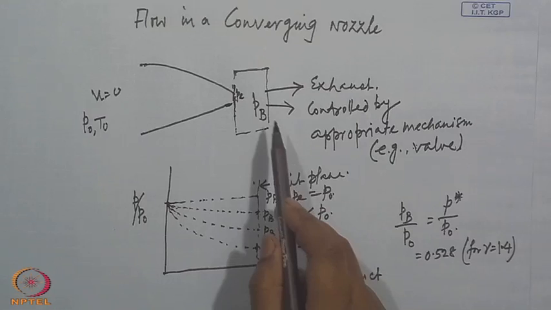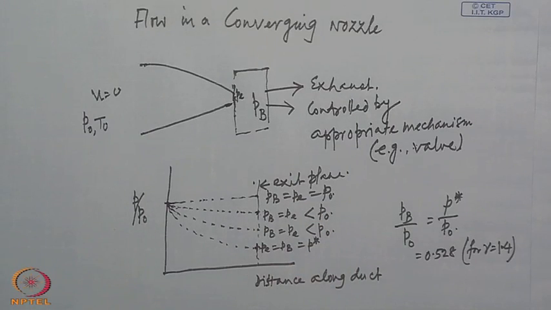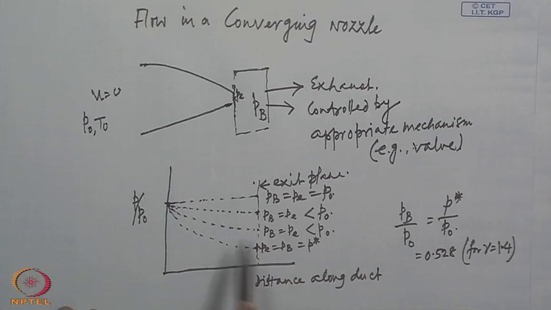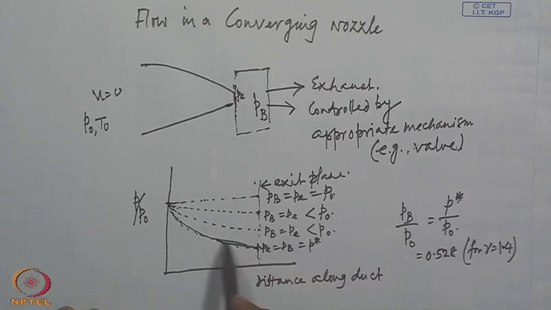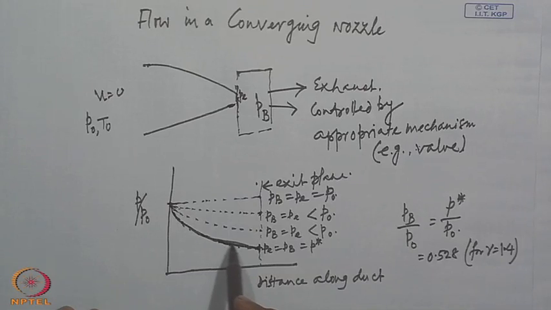Further reduction in the pressure, that is further reduction in the back pressure, will not affect the flow in the nozzle, that is within the nozzle this pressure distribution will prevail.